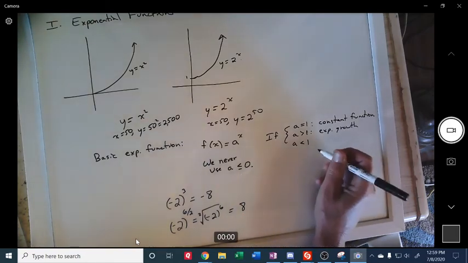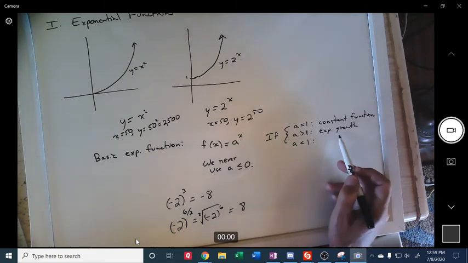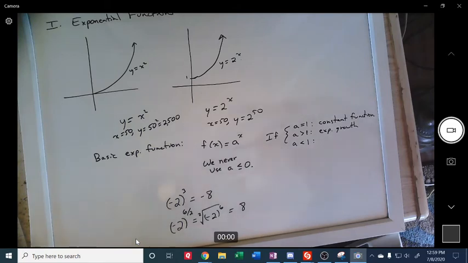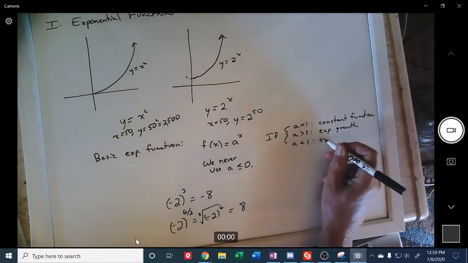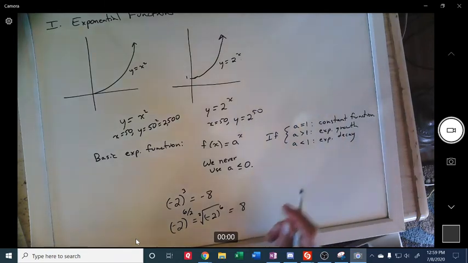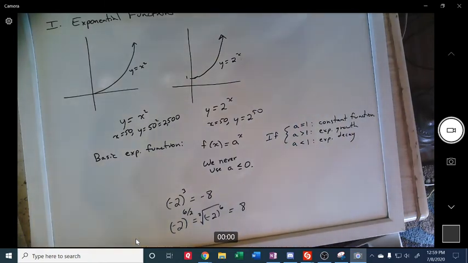So if a is less than 1, when it's exponentially going down, we have a special name for this, which is exponential decay. And probably they came about from, if you did look at like radioactive decay, as one of the applications of this.